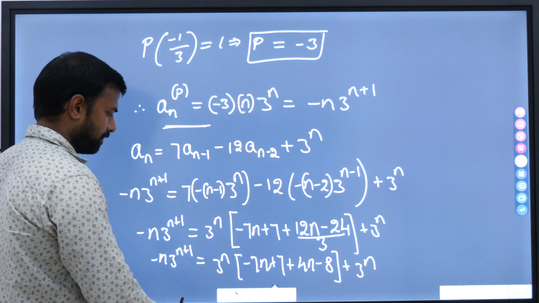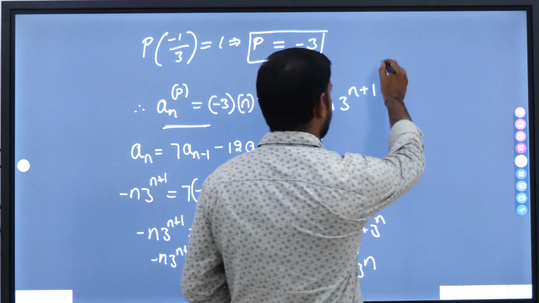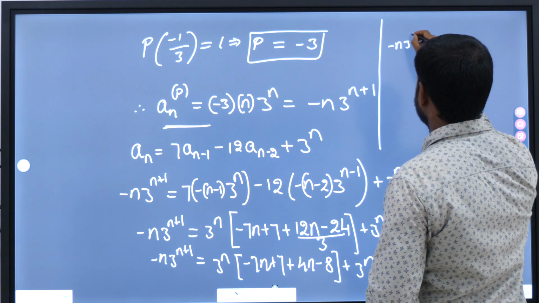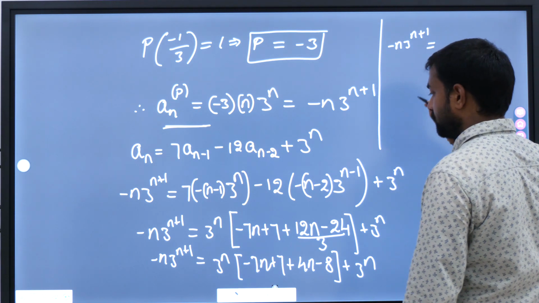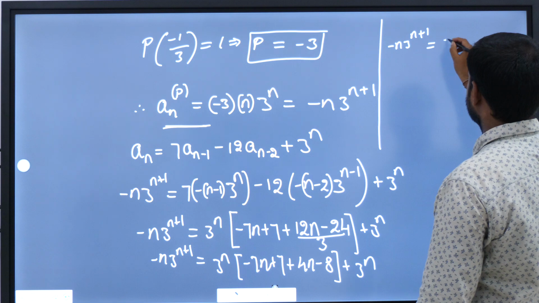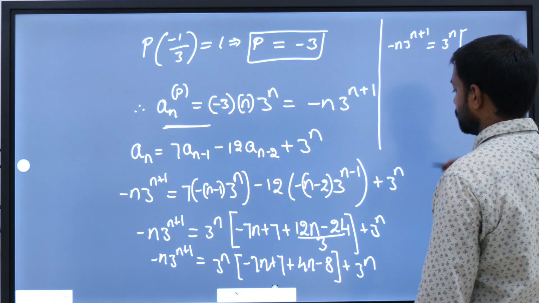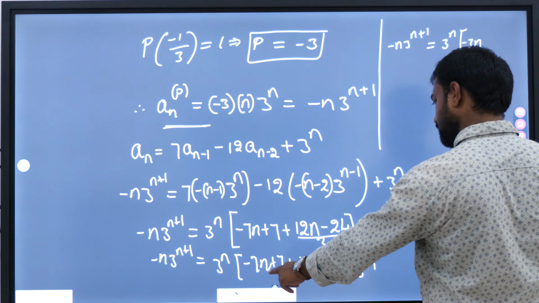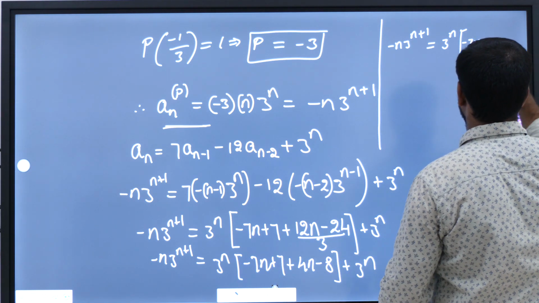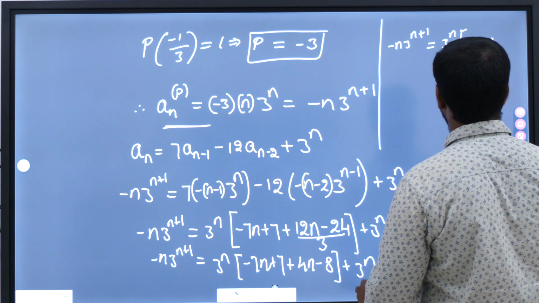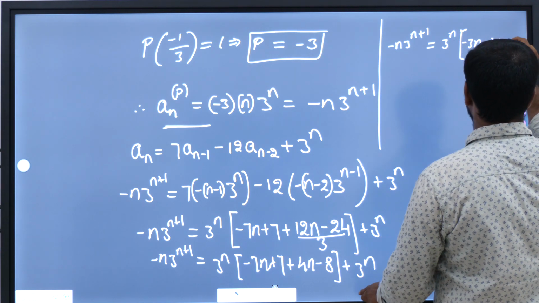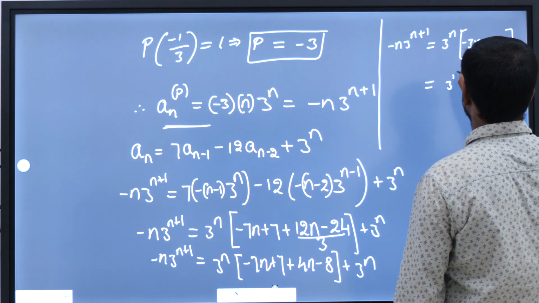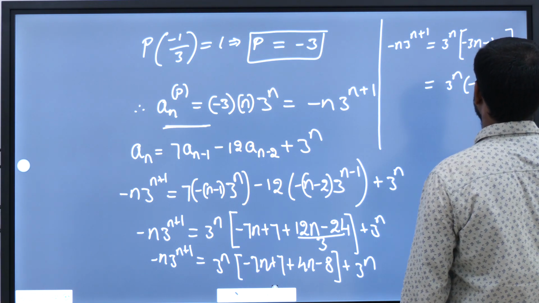So now finally, let me write it here. Minus n into 3 power n plus 1 equal to this side 3 power n into, we will have minus 3n, and 7 minus 8 is minus 1, and you take 3 power n common plus 1. That's it. So this equal to 3 power n into minus 3n.